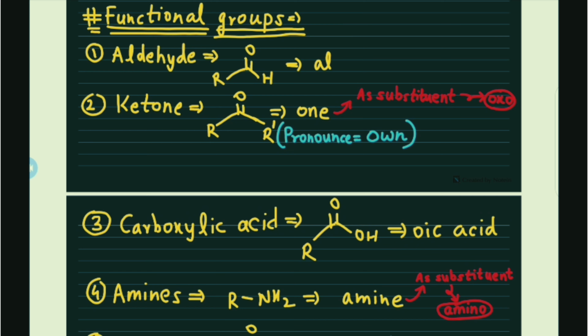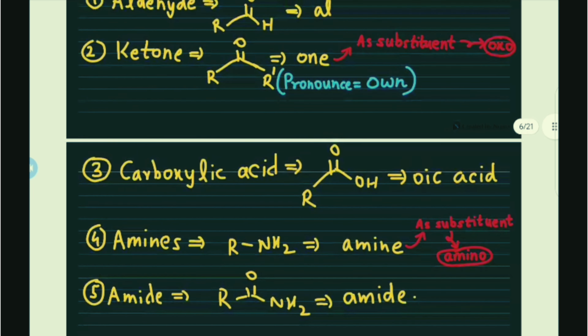If the ketone is not playing the role of a main functional group in the chain and it is used as a substituent, its name will be oxo. I will tell you why I am saying that if it's used as a substituent in this lesson further.